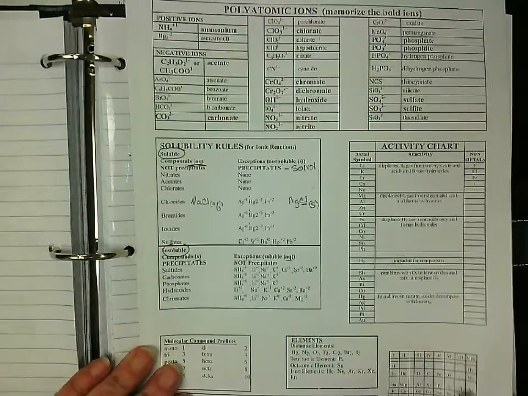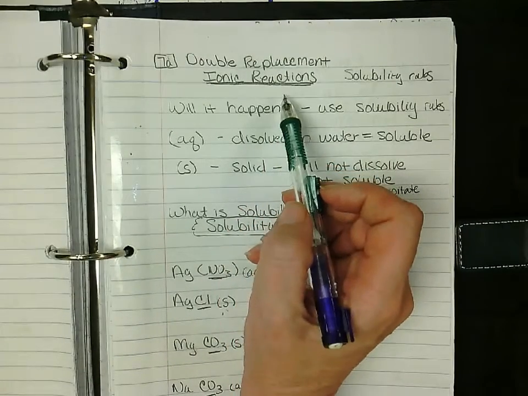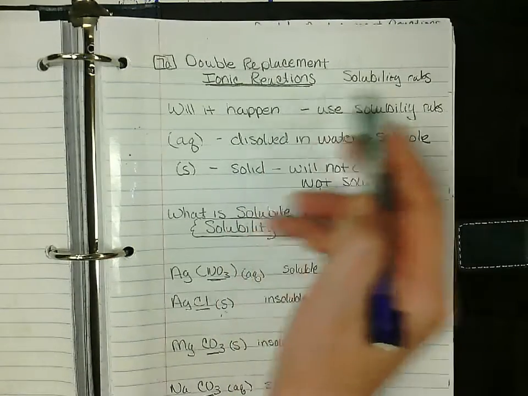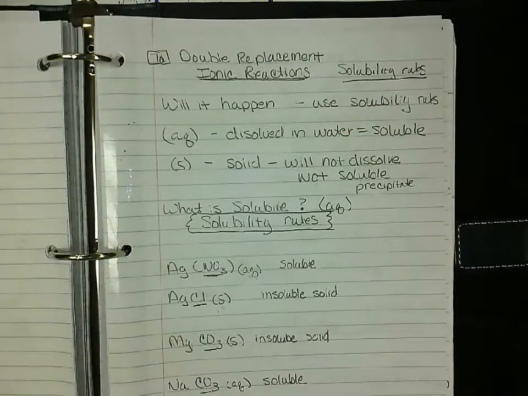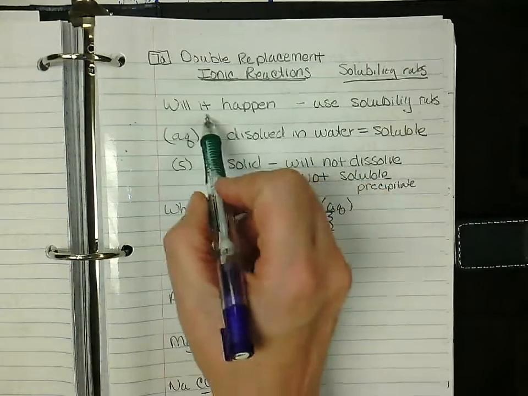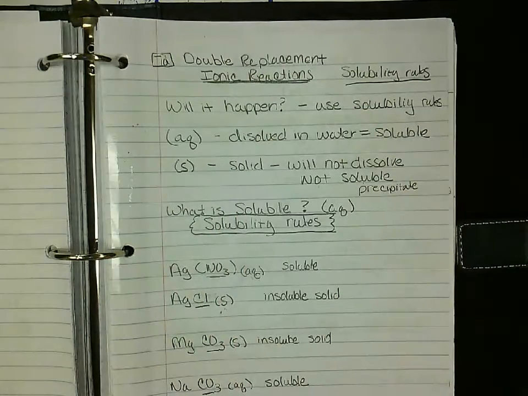Okay, so we are going to take some notes on this. Double replacement reactions are also called ionic reactions, and we're going to use solubility rules to see if they will happen. And today is just going to be an introduction on that. So will it happen? Use those solubility rules.